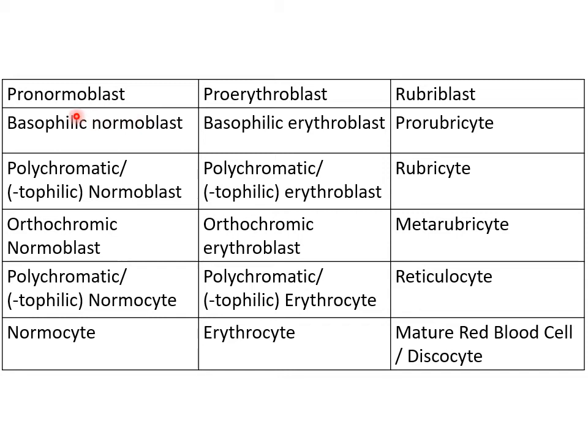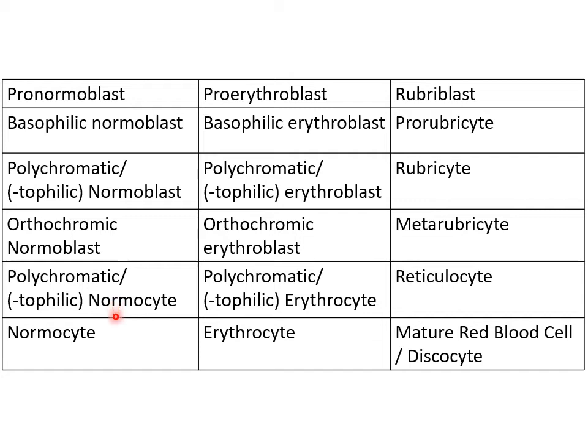Next stage, basophilic normoblast or basophilic erythroblast or prorubricyte. Next stage naman, polychromatic or polychromatophilic. May makikita kayong ganyan sa mga books. Normoblast, erythroblast, or rubricyte. Orthochromic normoblast, orthochromic erythroblast, meta-rubricyte. Meta means next. So, hindi kayo magpapalito dito.